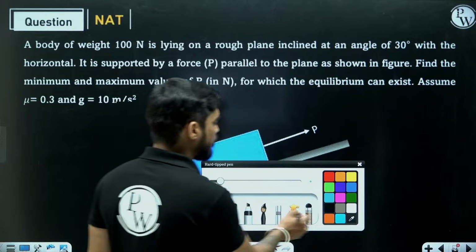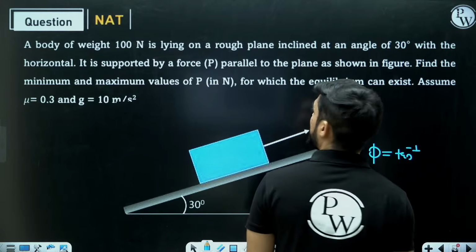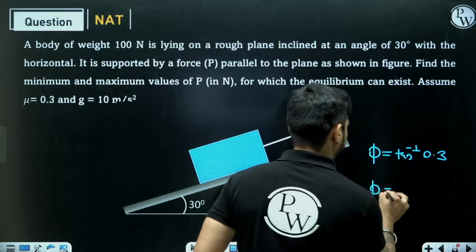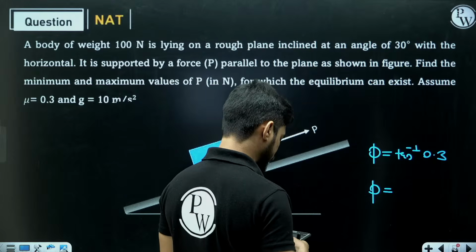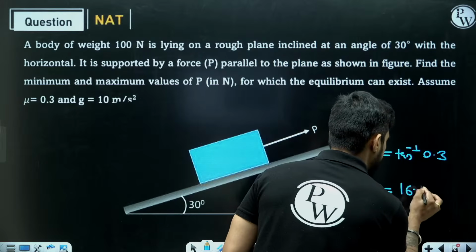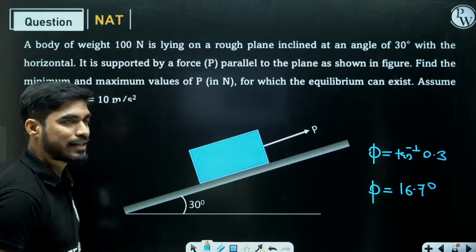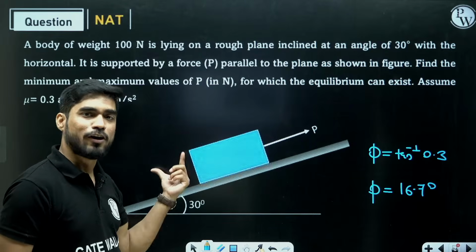What is the value of phi? Phi is tan inverse of 0.3, 16.7 degree. So right now the angle of inclination is greater than this. So if I don't apply a force, it will fall down.